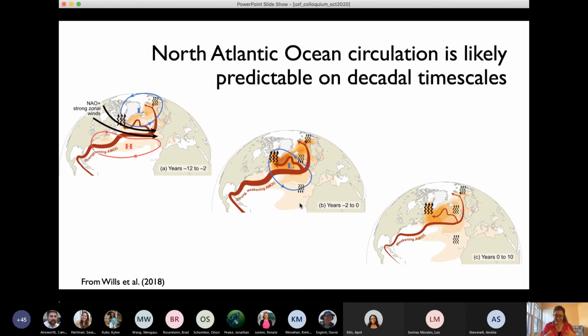So in summary, the idea is that if we initialize our model at this time where we've already got this imprint of really strong winds and we've got deep water formation such that our water masses have changed, and that's what we're initializing our model from, then down the road, this whole chain of events has to happen, which could give us predictability about 10-year timescales.